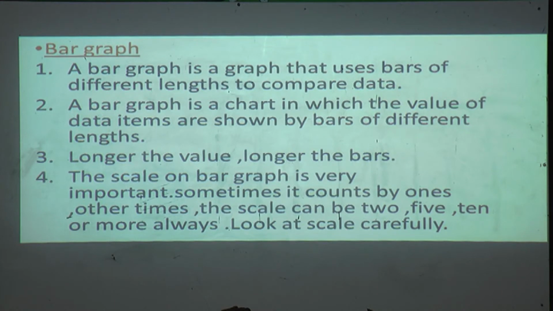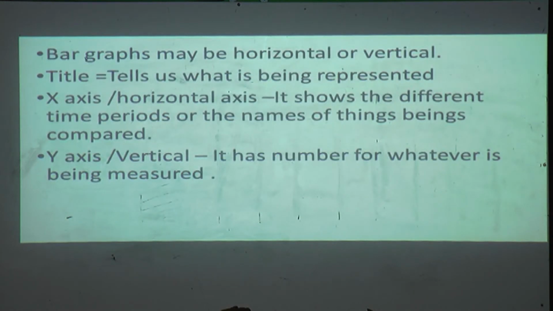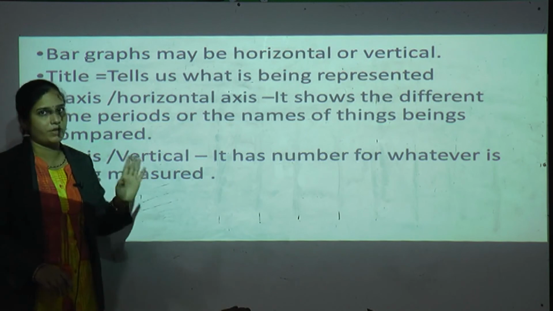The scale on a bar graph is very important. Sometimes it counts by ones, other times the scale can be 2, 5, 10 or more. So look at the scale carefully. Bar graphs may be horizontal or vertical. Students, it can be horizontal or vertical.